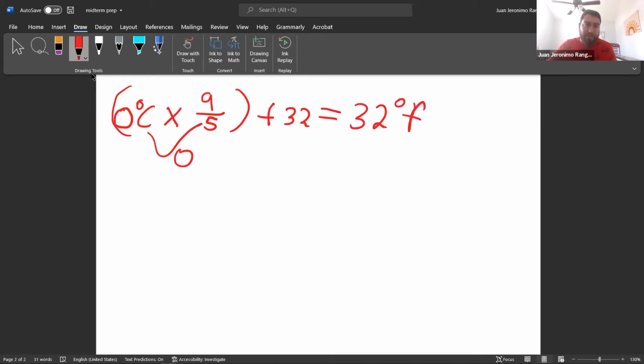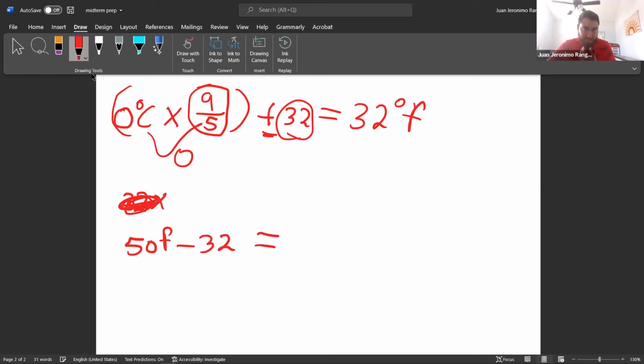The way I remember which numbers to use is we take Fahrenheit and do the exact opposite. So we subtract 32. Maybe I should use a different number. Let's say we have 50 degrees Fahrenheit. We subtract 32 from it. What is that, like 18?